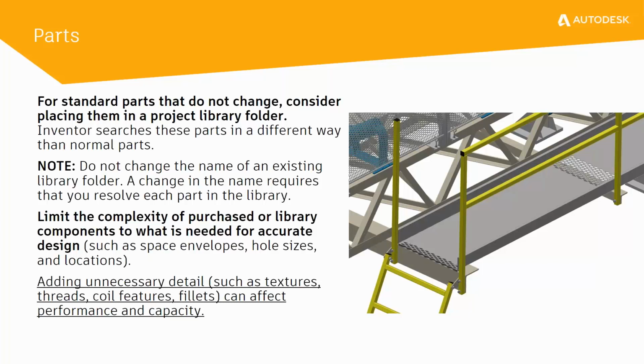The other thing you can do is limit the complexity of purchased parts or library components to only what's needed for an accurate design. Can you use a space envelope? Are holes necessary? What size holes do we need? The locations, etc. And look to replace unnecessary detail in ways that can help improve performance.